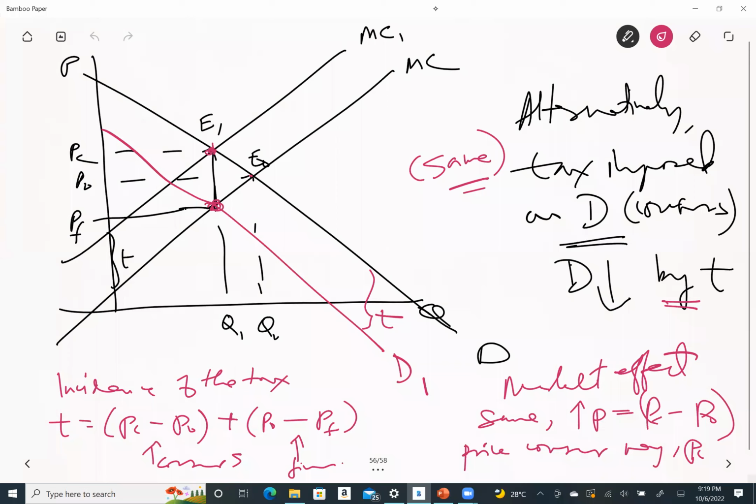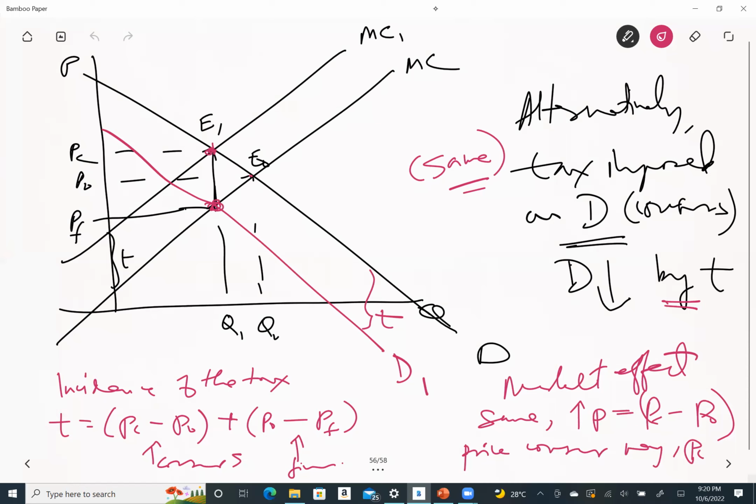Okay, so that is forward shifting. In other words, the statutory incidence of the tax is on the firm. What the firm does, the firm increases the prices. So at least some part of the incidence of the tax will be transferred to whom? Will be transferred to consumers. So we call it forward shifting.